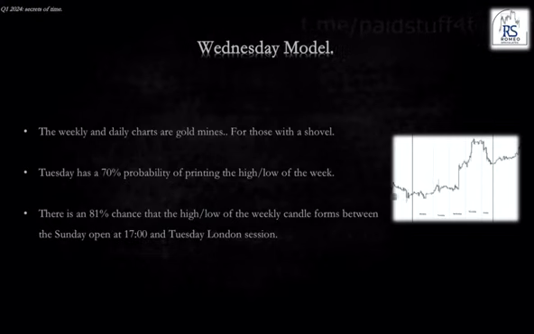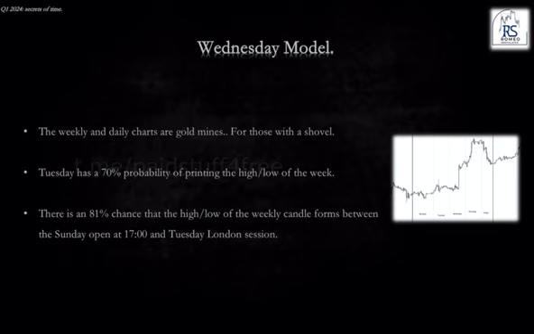And in it, we'll see an important phenomenon, which is there's an 81% chance that the high or low of the weekly candle forms between the Sunday open and the Tuesday London session. And there's a 70% chance of Tuesday printing the high/low of the week.